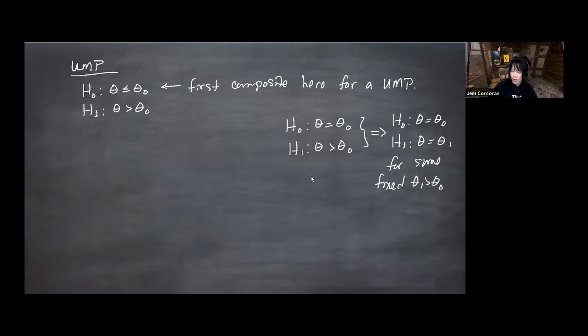Then we used the Neyman-Pearson lemma to find a best or most powerful test for this simple versus simple. And then we hopefully were able to show that the test that we came up with did not depend on the particular value of theta 1 that we chose.